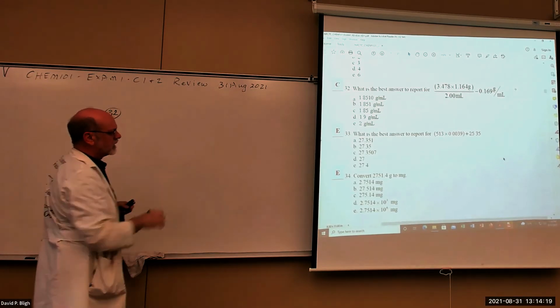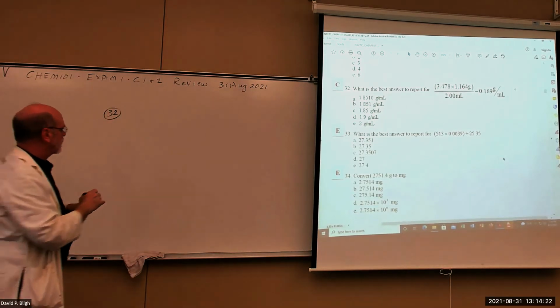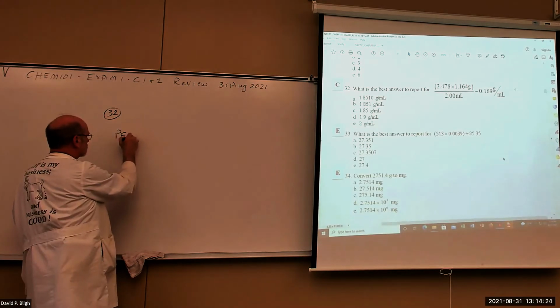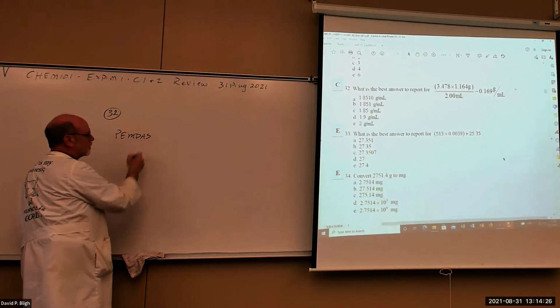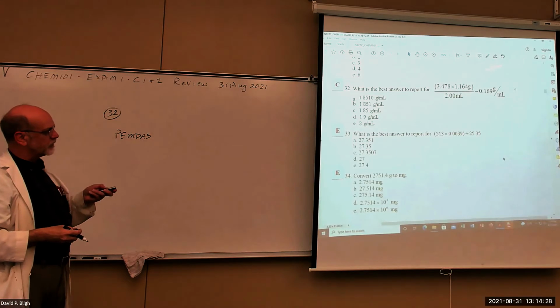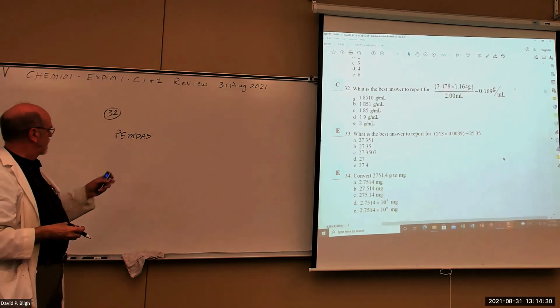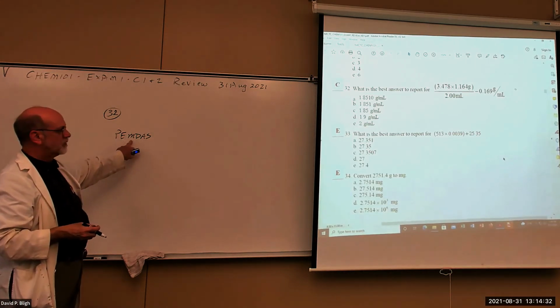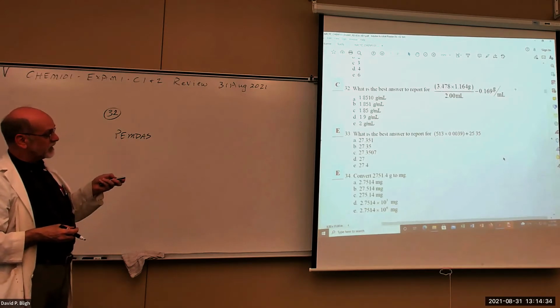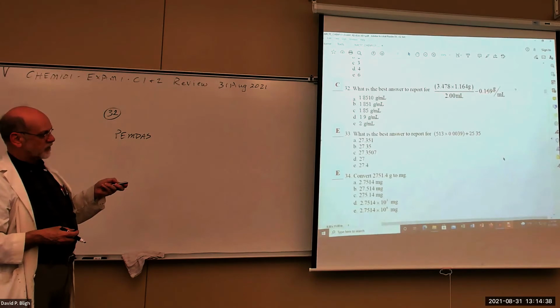And, rather than write all that stuff up there, what does PEMDAS say? Parentheses first, so we have to do this one first. And then no exponents, multiply, divide, so that means whatever we get here, we divide by 2, and then we subtract.